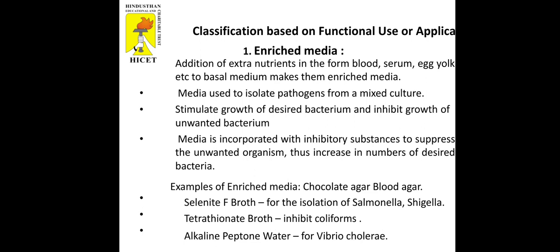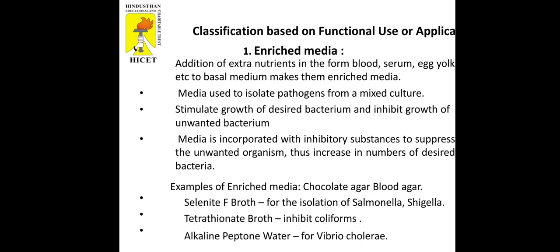They are used to isolate pathogens from a mixed culture, stimulate growth of desired bacteria and inhibit growth of unwanted bacteria. Media are incorporated with inhibitory substances to suppress the unwanted organisms, thus increasing the numbers of desired bacteria. Examples of enriched media: chocolate agar, blood agar.